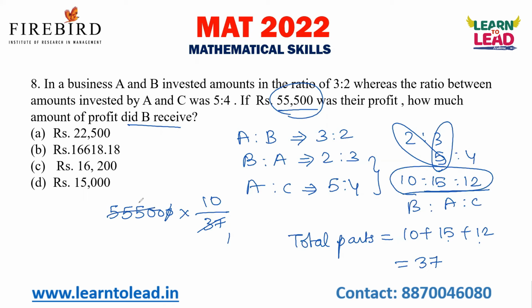If I divide 55 by 37, I'll get 1 time. So you can divide 555 by 37. 1 times 37. What is 15 minus 7? 8. You'll get 185. So 185 is nothing but 5 times of 37. So 15,000 is your answer. The share received by B is 15,000. We'll move on to the next question.